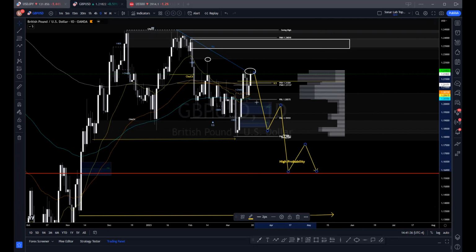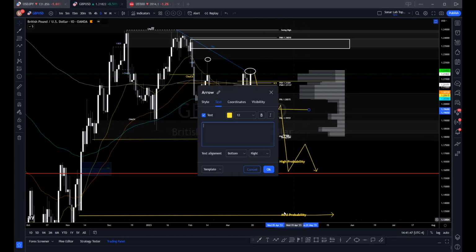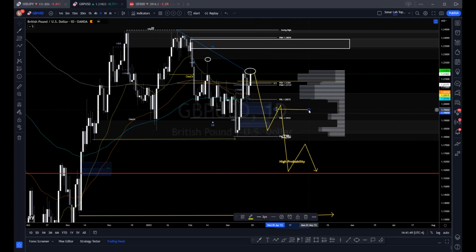I'm still looking at this as coming back bearish, okay? And we got some very, very strong imbalance, or I would say fair value gap here, right? Very, very strong. I got two sitting right there.